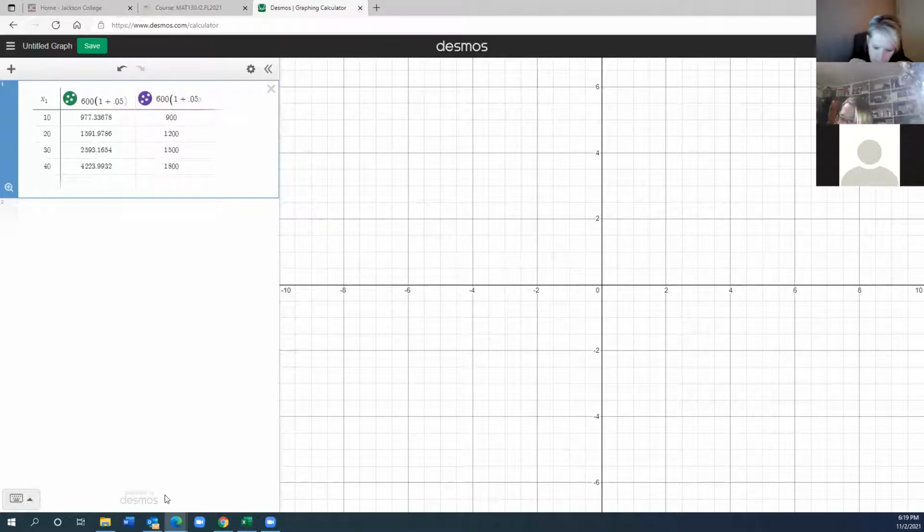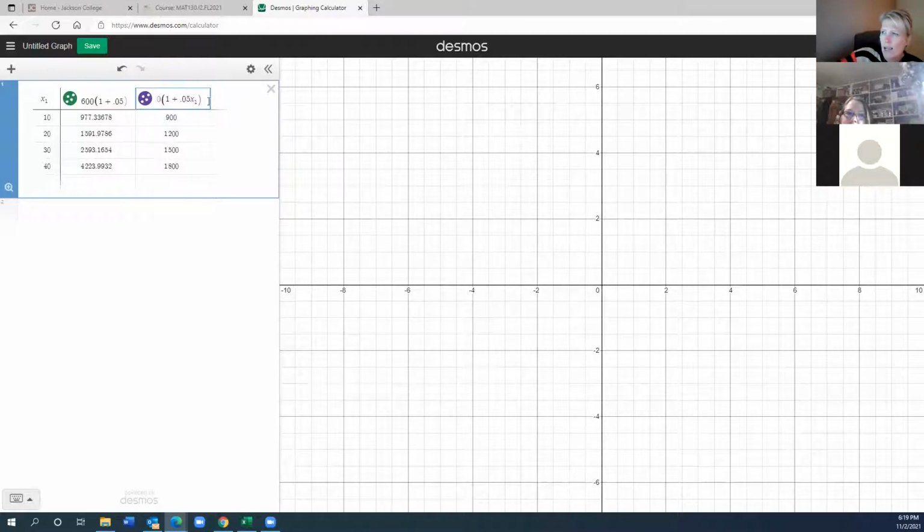Are you able to follow on that okay? So you got it duplicated? For the purple equation, is it 600 parentheses 1 plus 0.05 x, and then is there a 1 outside of that?